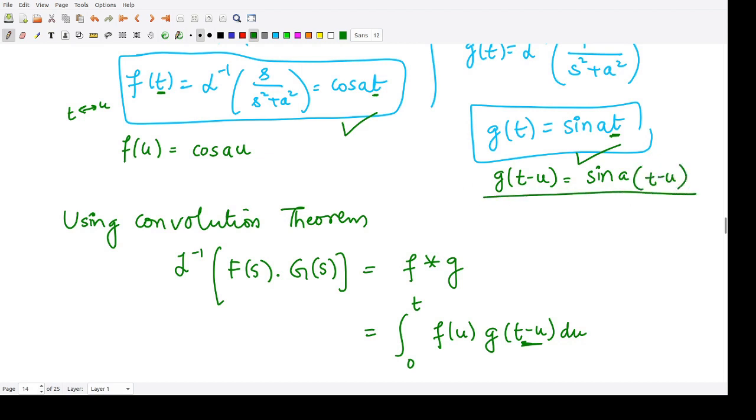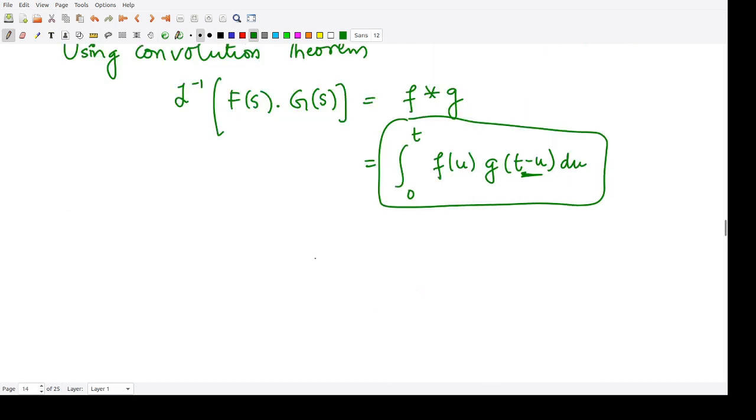So we require this term and this term in order to calculate this particular integral. So let us see what this integral comes out to be. It is equal to the integral of cos au multiplied by sine a(t minus u) du. Now we will have to solve this particular quantity.